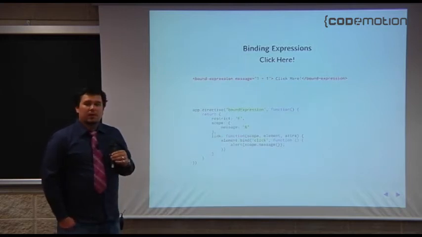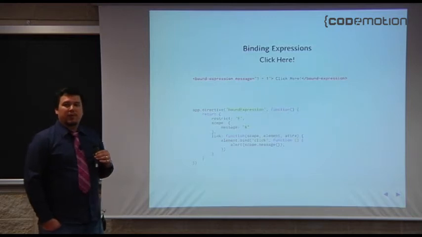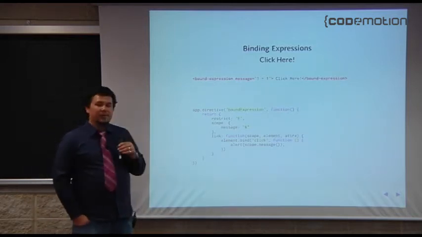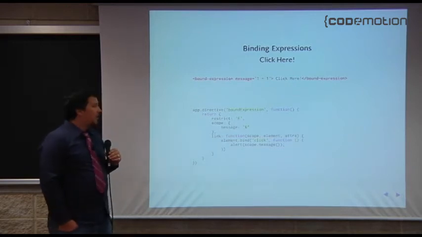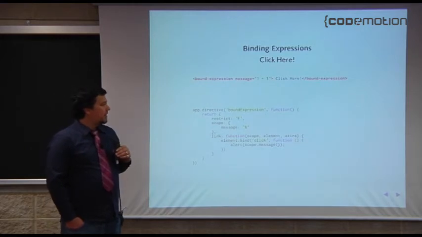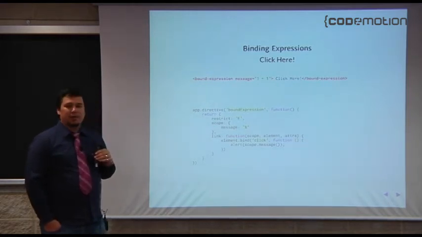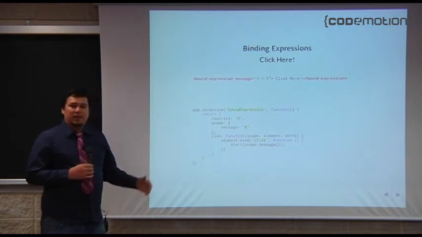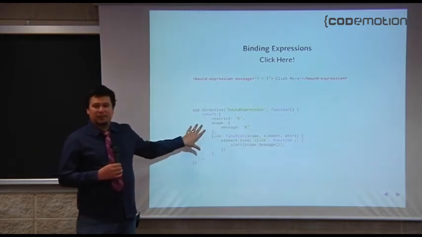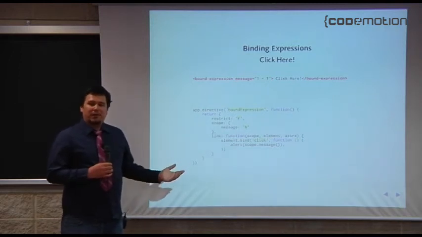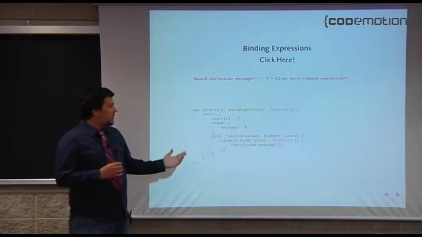You can do clever things like watch those expressions, and when the values of those expressions change, you can initiate some sort of action in your directive, which is a fairly common use case because our directive needs to communicate. And that's what this is all really about with the binding. It's how do we allow these decoupled directives to communicate externally with other directives and controllers, and that's what we're doing here.